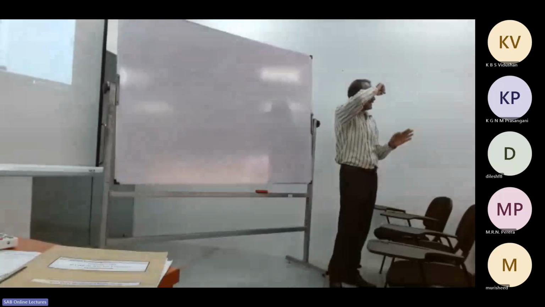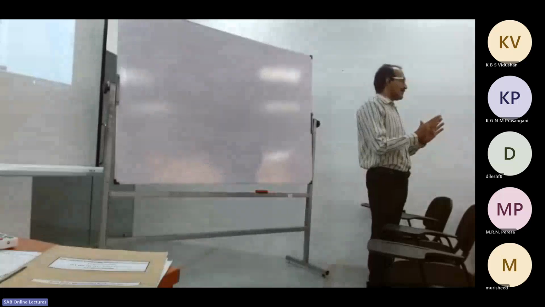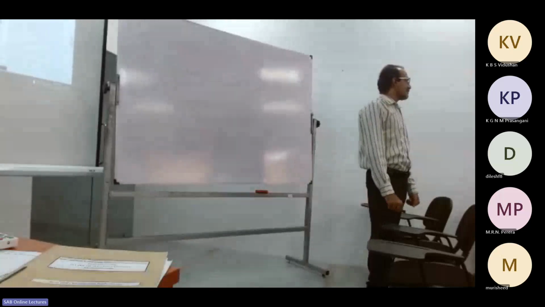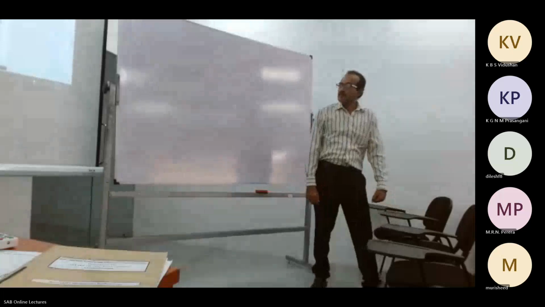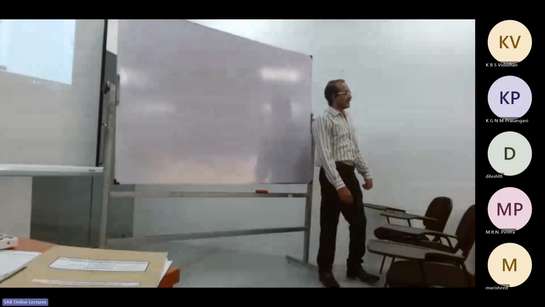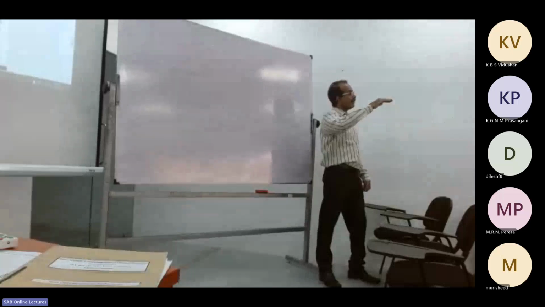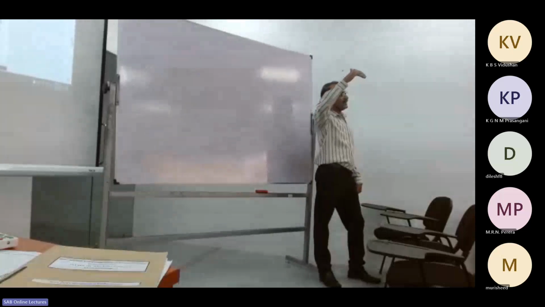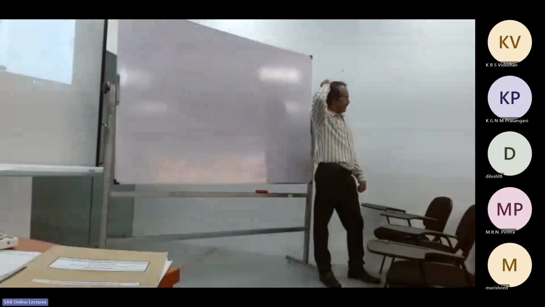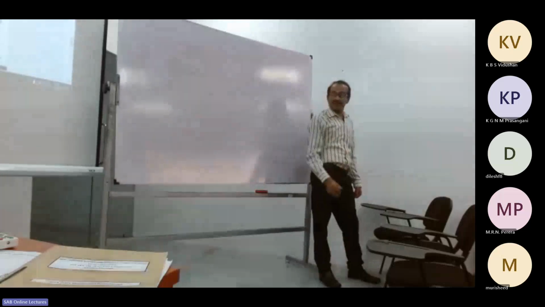Second one, safety. Then social needs, so love and belonging needs, right. The last two, fourth and fifth, are very psychological: self-esteem and self-actualization needs.